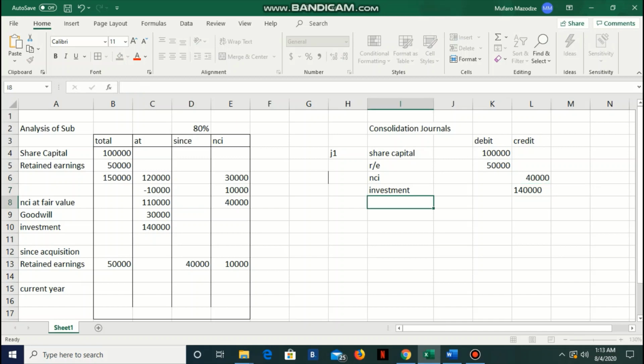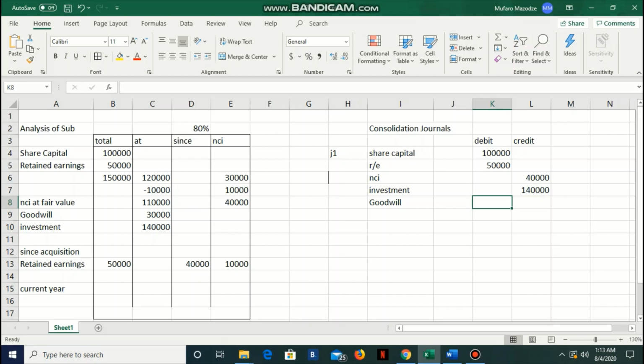With consolidations, all you're doing is reversing things so that they don't appear in the group statements. The group statements are supposed to be consolidated, and they're not supposed to show double effects of what is actually happening between the two companies.